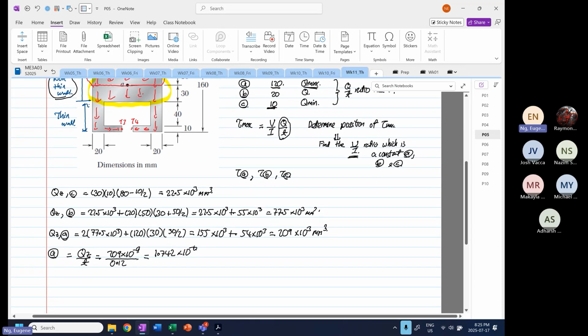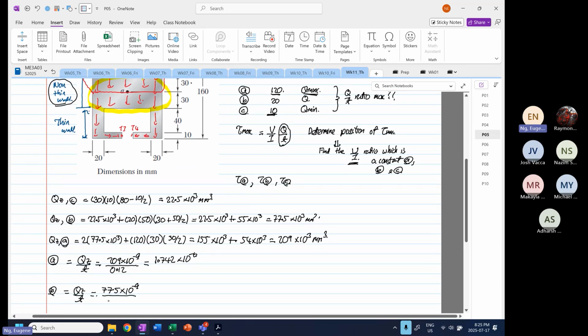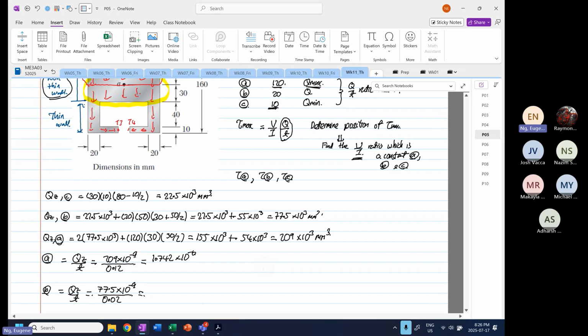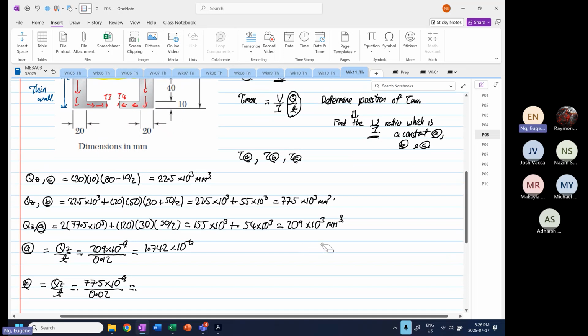Okay. Then if we look at point B, QZ over T, right? So QZ is 77.5 times 10 to the power minus 9. Now the thickness at point B is 0.02, right? So 77.5 power minus 9 divided by 0.02 is equal to 3.875. No. It's not power minus 9.